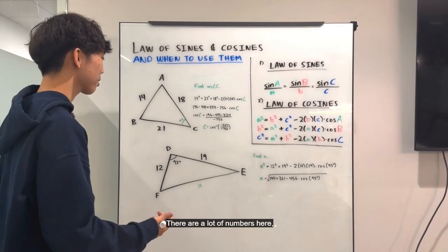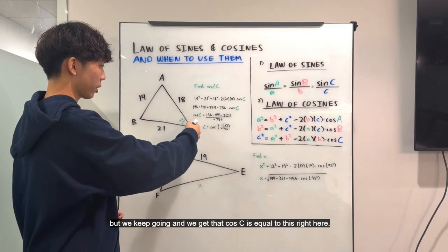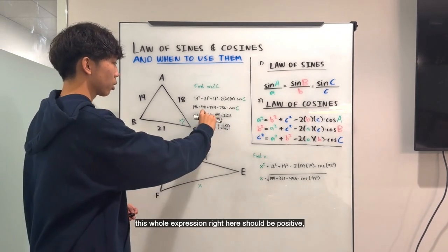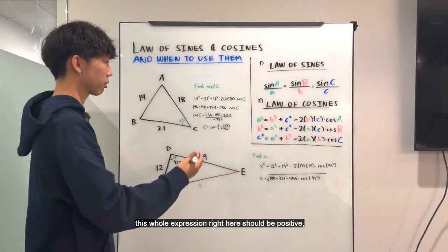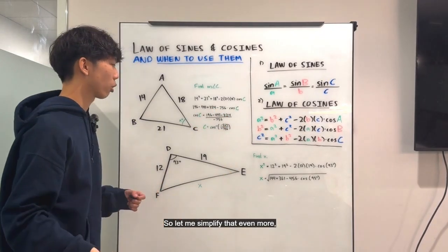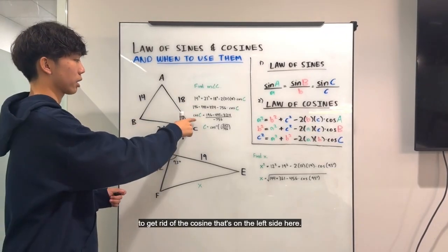There are a lot of numbers here, but we keep going and we get that cosine C is equal to this right here. Even if we get a negative number, it's okay, but this whole expression should be positive. When we simplify that even more, we do the inverse cosine of both sides to get rid of the cosine on the left side.